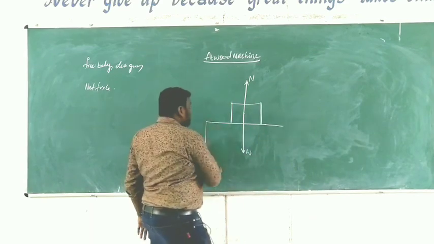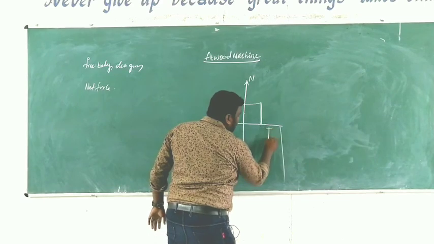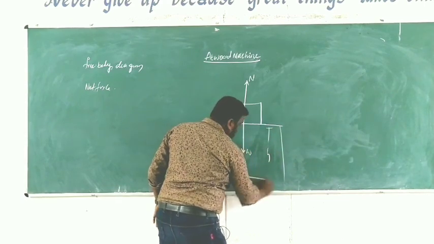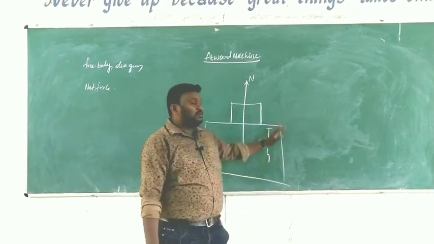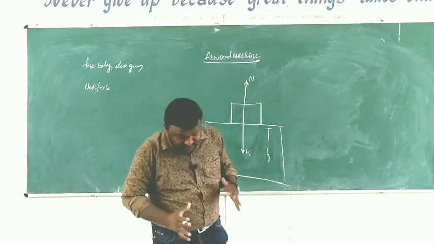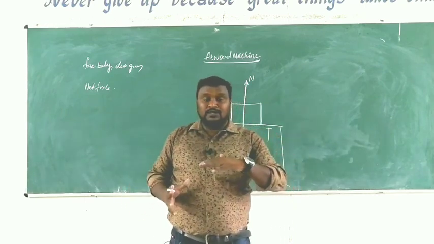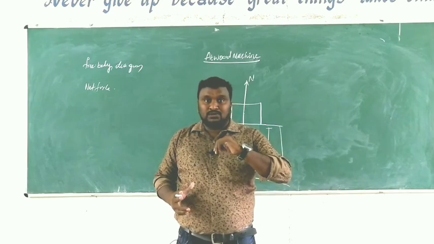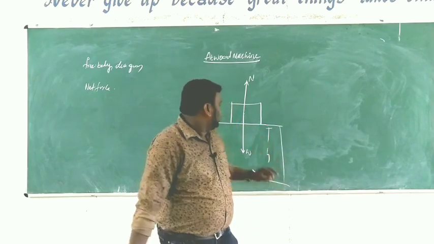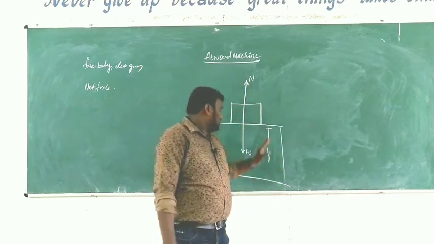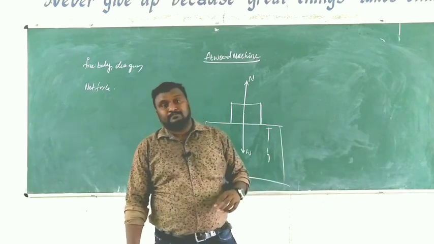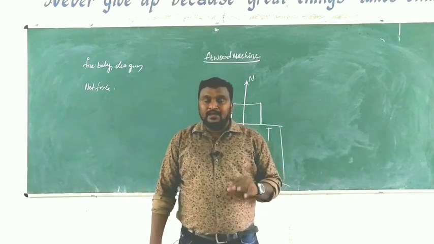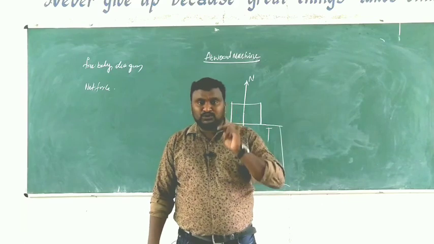Here this is a table at a certain height from the ground, and this is the ground. Now on the table surface you keep one book. On that book there are two forces. One is normal force, the next is weight. Here how many forces are acting? Two forces.